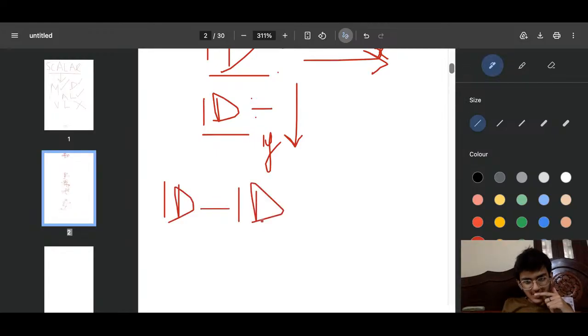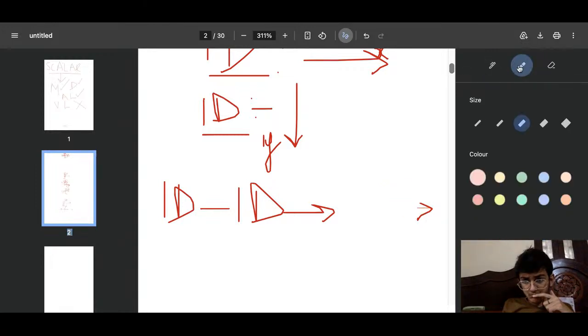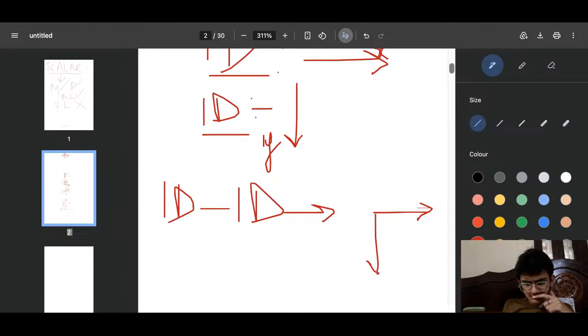You are actually subtracting these two vectors, this one and this one. You are not making vector addition but vector subtraction.